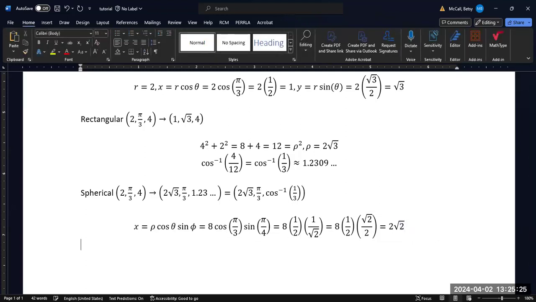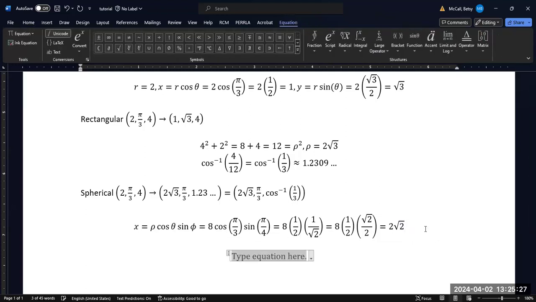And then we repeat this calculation for y. y is rho sine theta sine phi. And so that's going to be 8. But then we're going to do sine of pi over 3, and then sine of pi over 4.